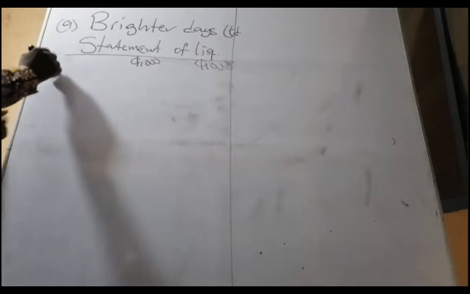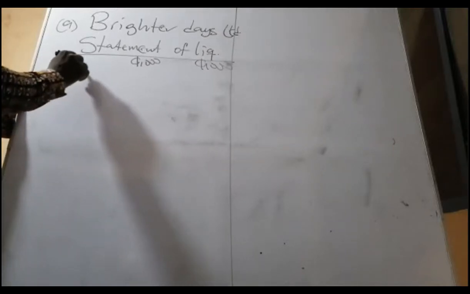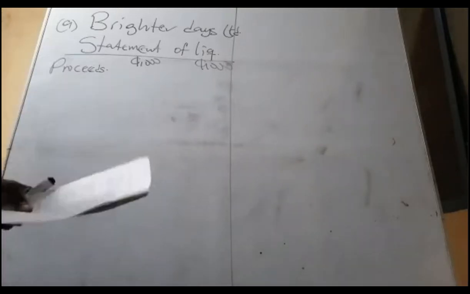Then you write proceeds. If you pick the proceeds, we said that pick the paper. So this is the paper. Hold it like this firmly. Your pen will be here like this.